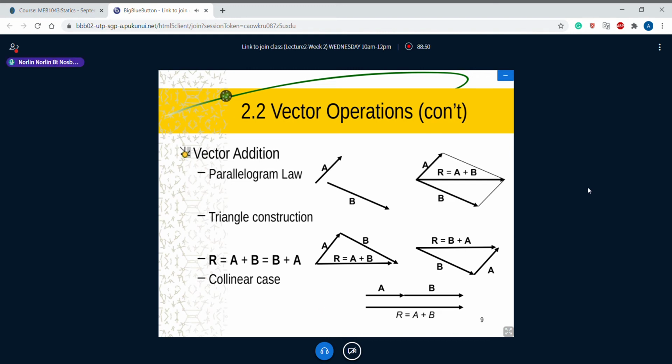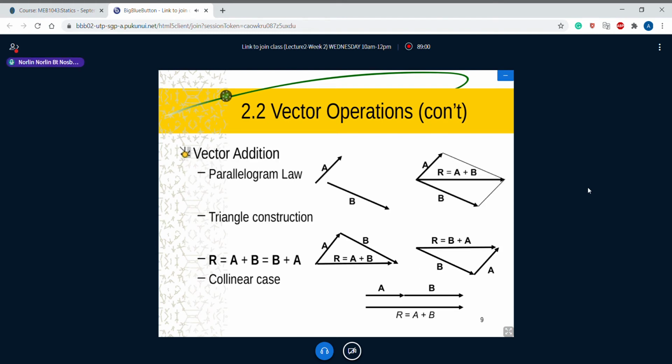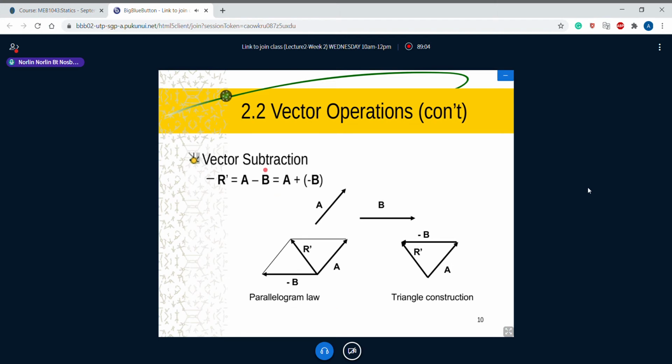Okay, now let us go to the next point. For subtraction. Just now was on addition. Now we will look at subtraction. This one is vector A, and then another one, vector B. So there are two vectors here.